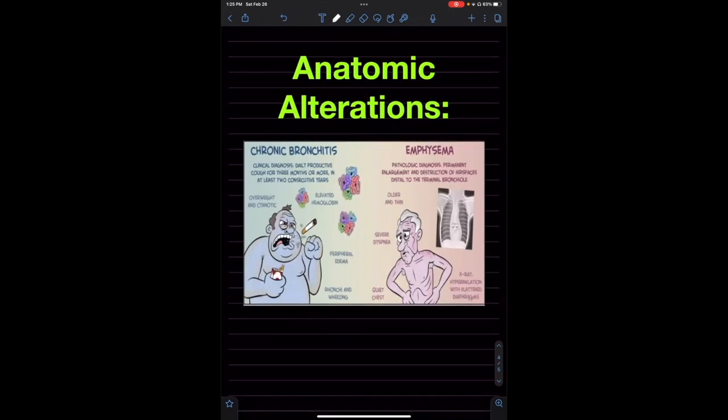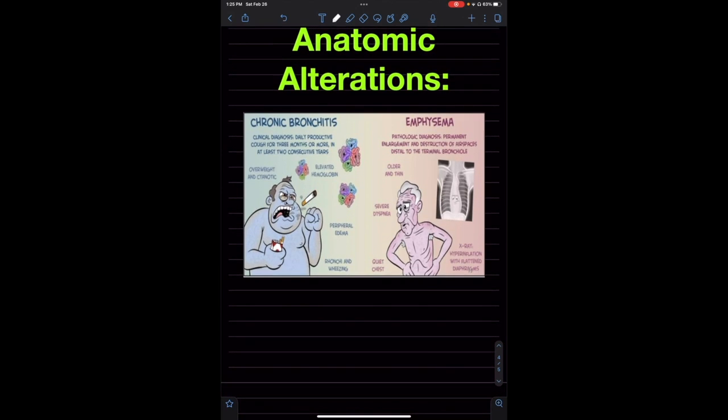Now, anatomic alterations. Now, we can go all day about the anatomical alterations with chronic bronchitis and emphysema. And really, this one illustration right here brings the idea of the pink puffer and the blue bloater to fruition, right? So with chronic bronchitis, we're looking at chronic inflammation and thickening of the walls of the peripheral airways with excessive mucus production and accumulation, right?